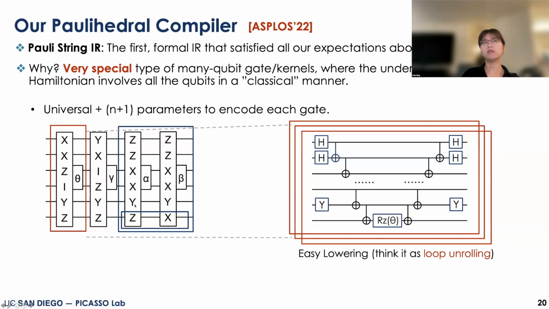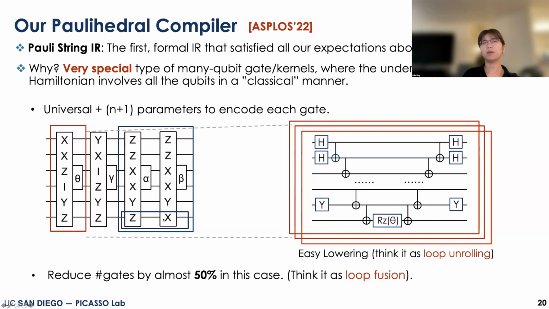The only difference happens in the last gate. If you notice this kind of high-level information, you can coordinate the lowering to 1-qubit and 2-qubit gates and do a co-synthesis together. Indeed, in this way, you can save almost 50% of the gates in the final generation. It's more like a loop fusion process.